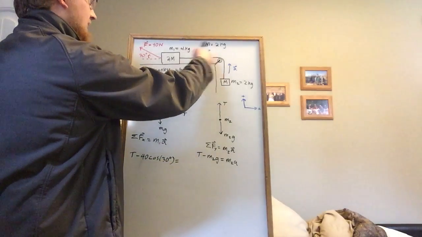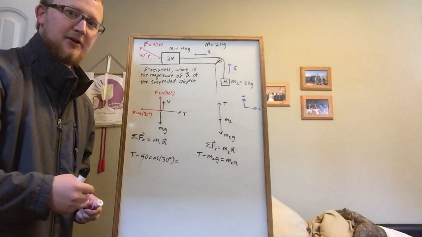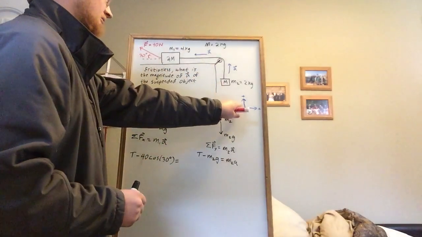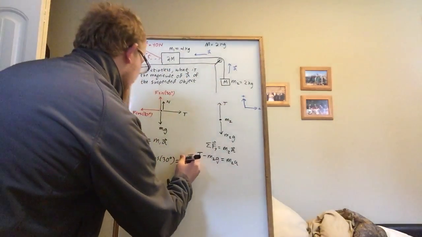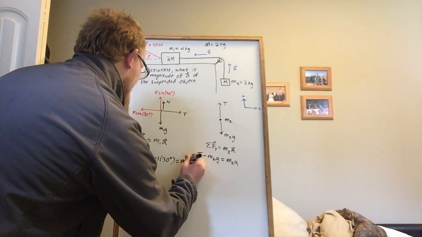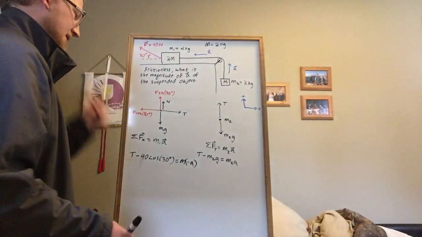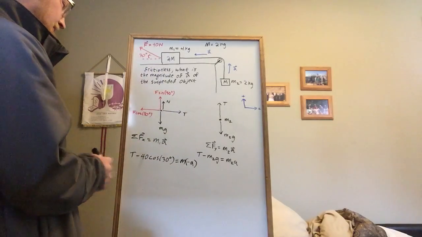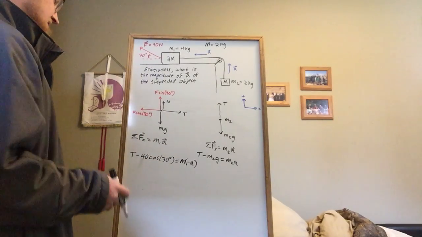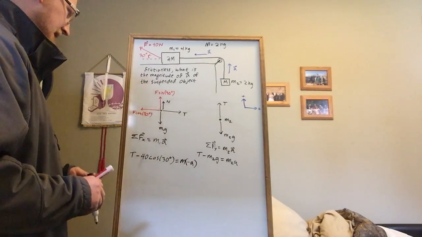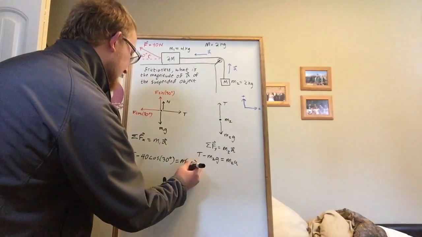Now you'll notice the A here is going in the negative direction for our frame of reference. So I'm going to write m and then negative a to indicate that my acceleration is going to the left. Oh, and this is m1, I'm sorry.